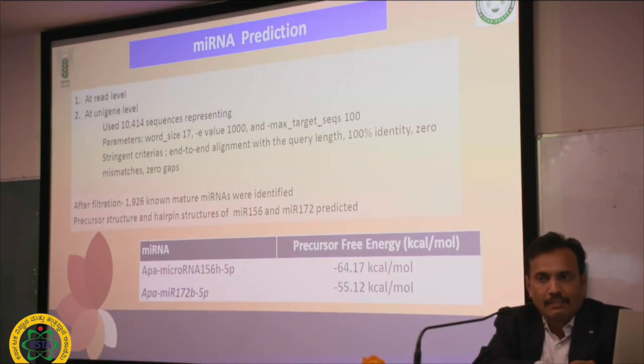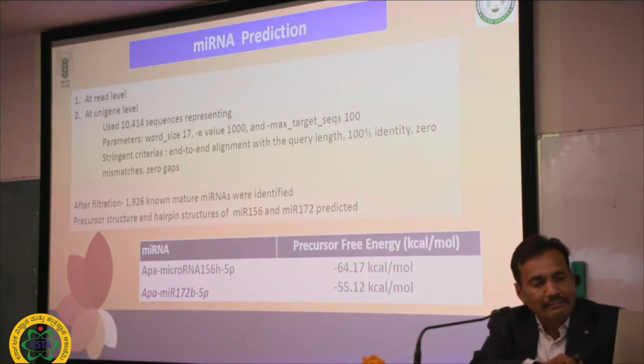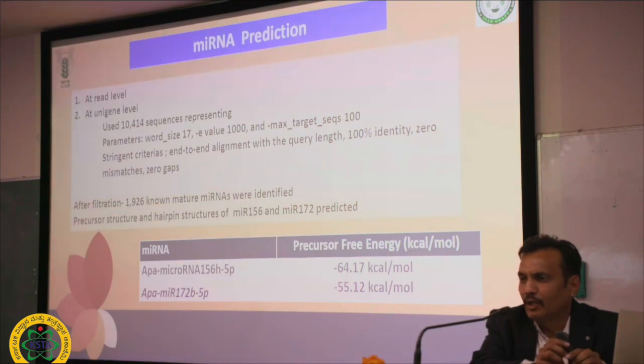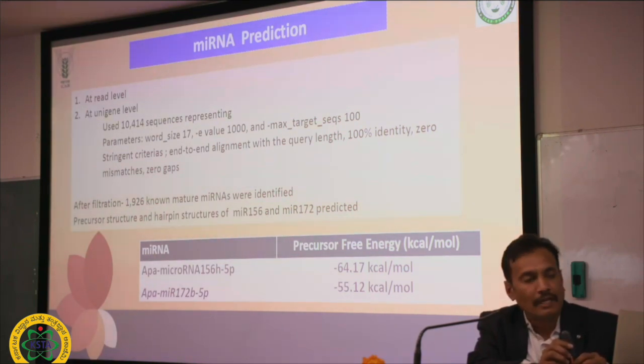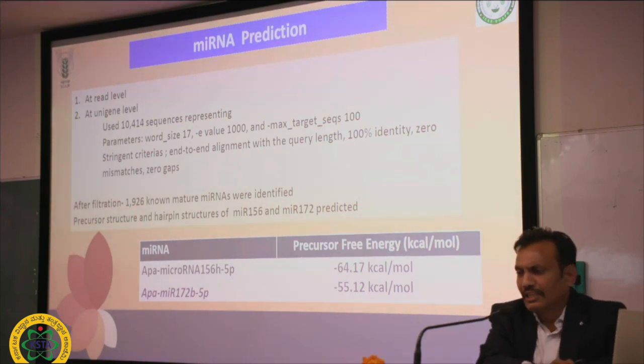Now we were attempting to find microRNAs which may have a role in masking the FT gene, so that flowering was disturbed. At read level we tried, but we did not get any success.